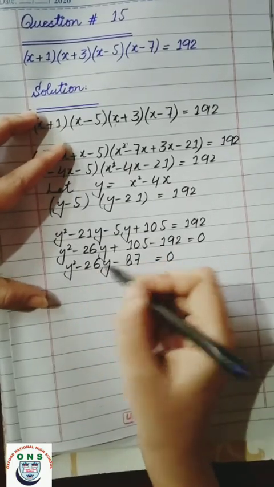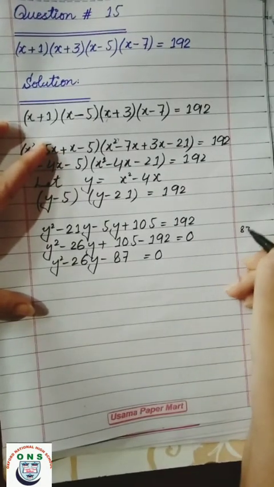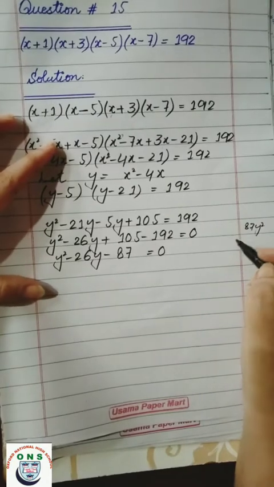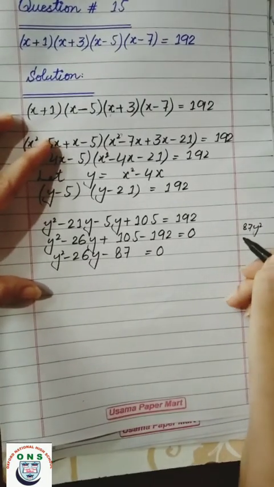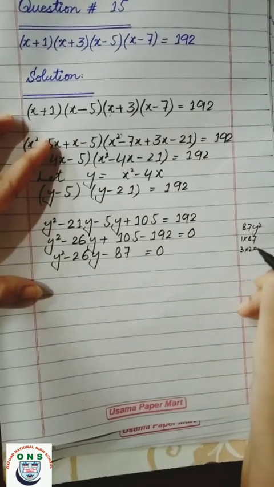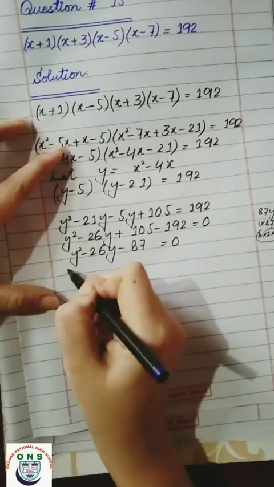Now we have to factorize them both. The extreme values will multiply, that is 87y square. We have to find the factors now. Which factors can be made? First is 1 into 87. Second is 3 into 29. It means these both factors can be used.